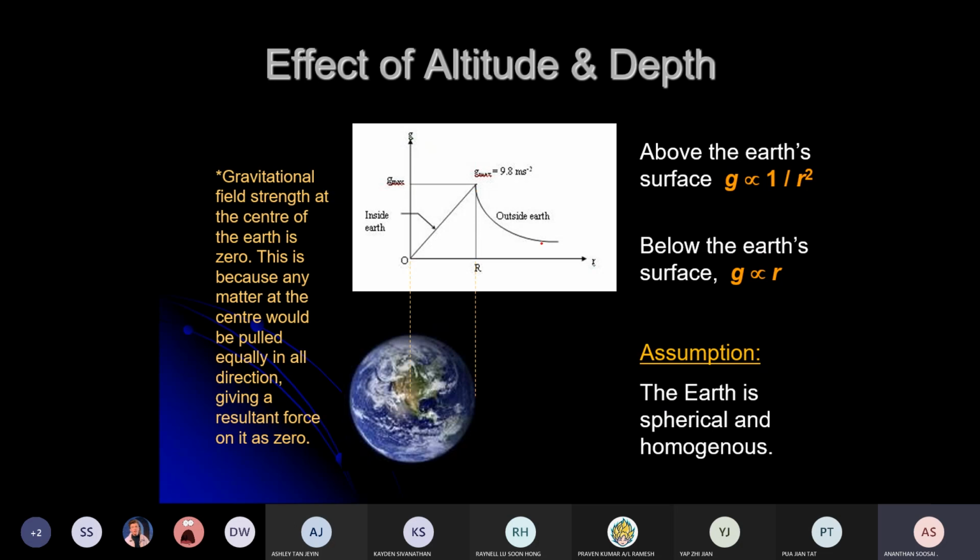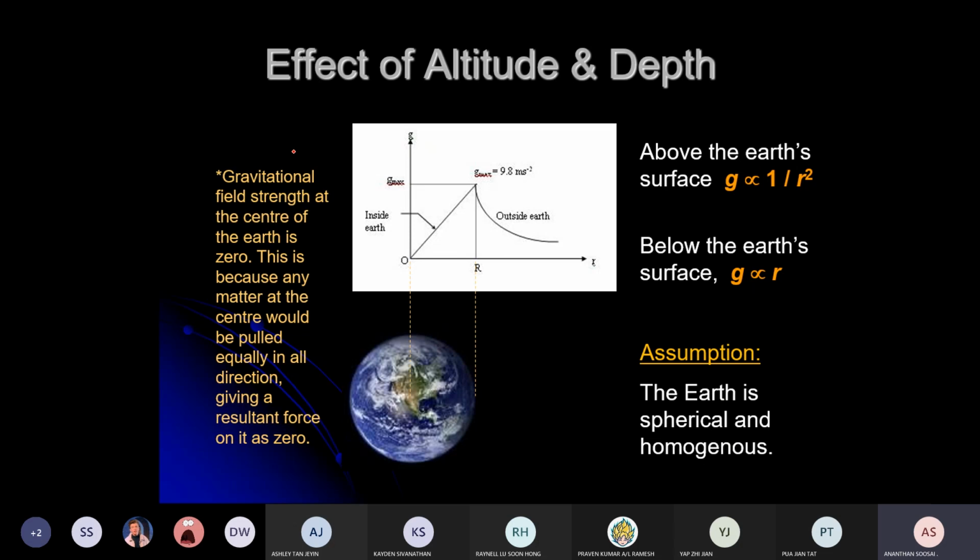Inside, g is proportional to r. This prediction is only correct if the Earth is spherical and homogeneous. In the exam, if they ask what the assumption for this prediction is, the Earth must be a perfect sphere and homogeneous. Homogeneous means uniform density. Then only it works.